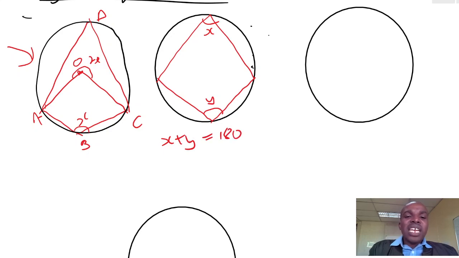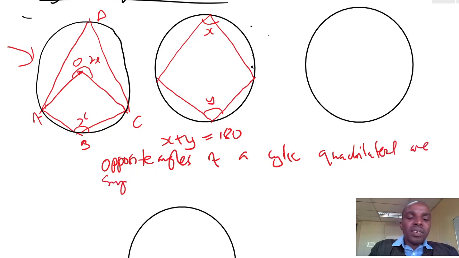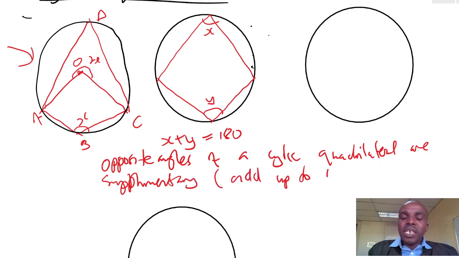We say opposite angles of a cyclic quadrilateral are supplementary. Supplementary means add up to 180 degrees.